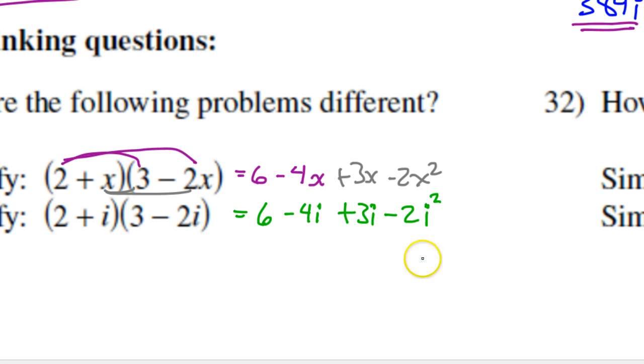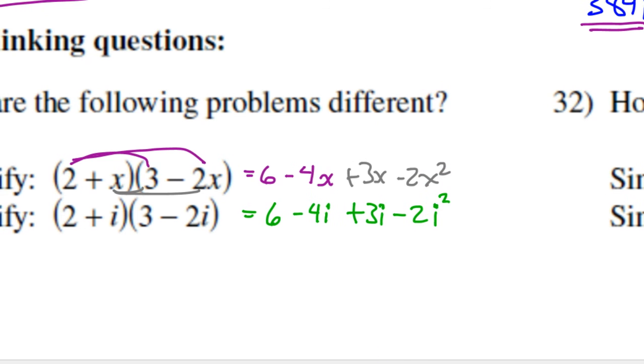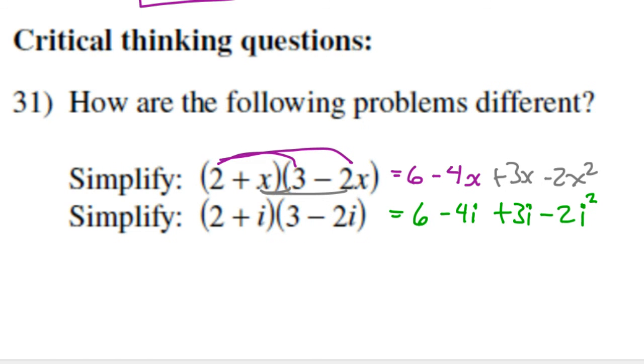So here's where the difference comes in. x squared is just x squared, but i squared equals negative 1. x squared stays x squared, but i squared equals negative 1.